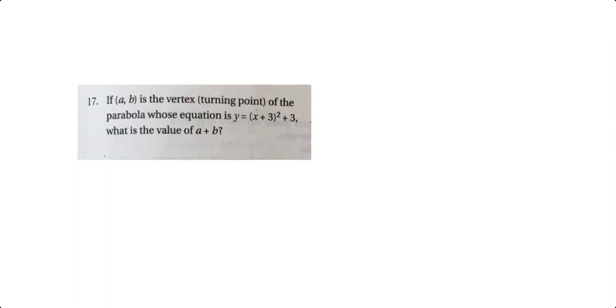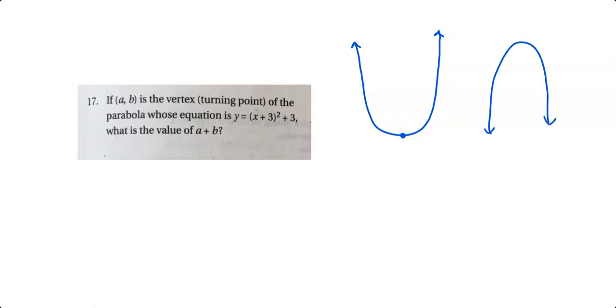All right. So what we're talking about is a parabola, the vertex being either the lowest point or the highest point. If you have an upside down parabola, it would be the highest point. So in this case, we want to know what the coordinates of that point are.